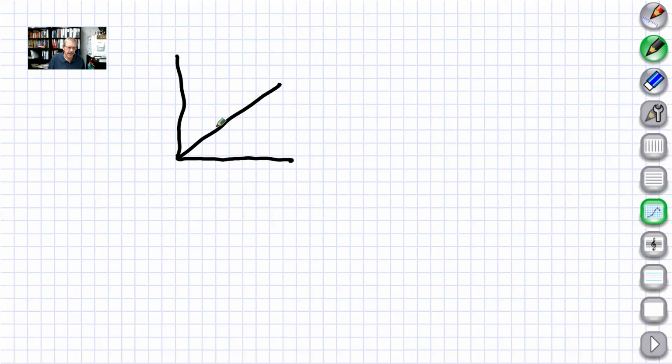One of these angles is going to be 2x plus 5, and the other is going to be 3x plus 5. What are these two angles?